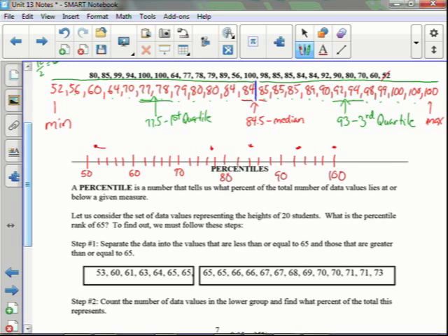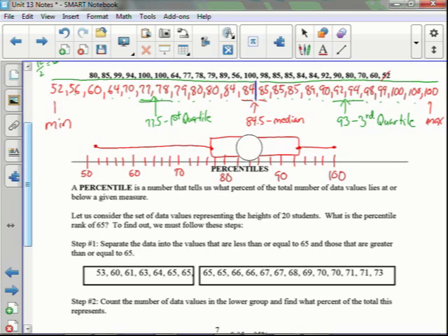Now, using a straight edge, I'm going to connect here. I'm going to draw the whiskers. And then we're going to draw our box. So at the first and third quartile and down through the median. I don't quite like how my median is drawn here.